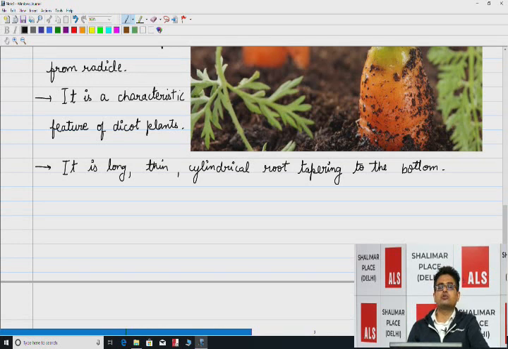Also, taproot is formed only once in the lifetime of the plant.